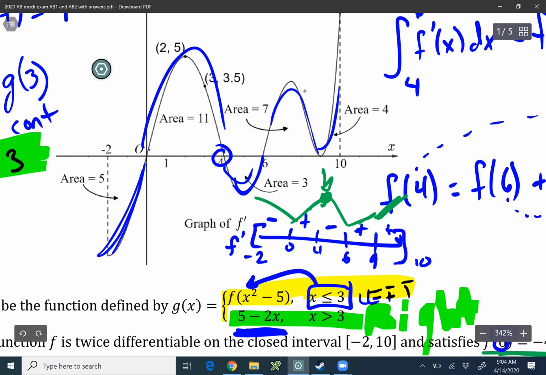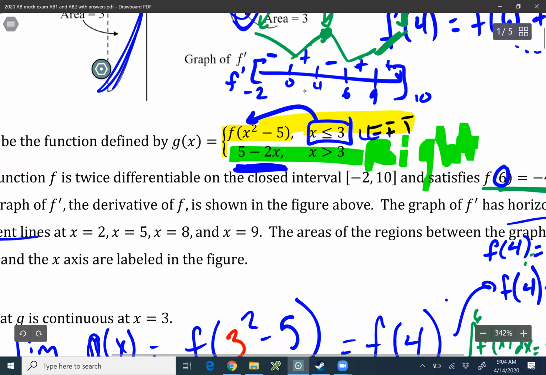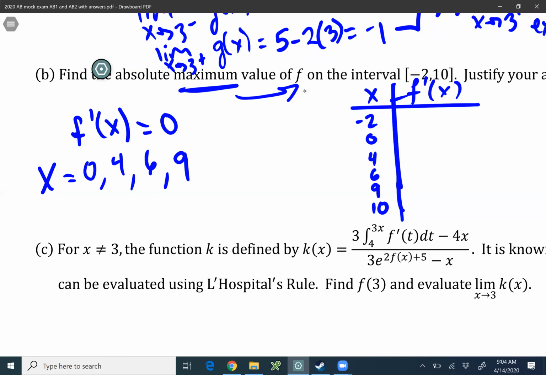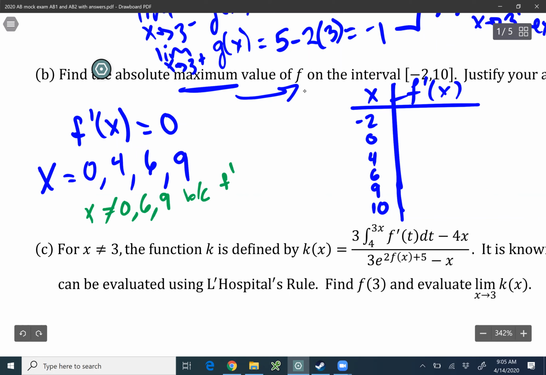That's our only spot. But because we can also have endpoints, that means that the endpoints are also candidates. So what you could do is just write it out. You could say x cannot be 0, 6, and 9 because f prime changes from negative to positive.